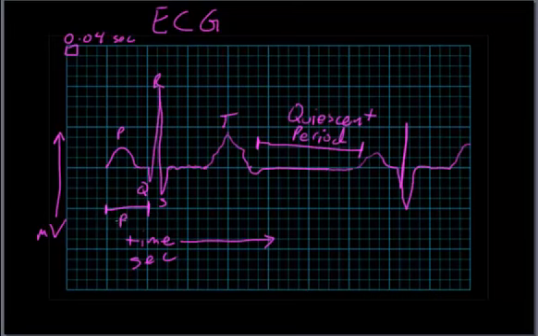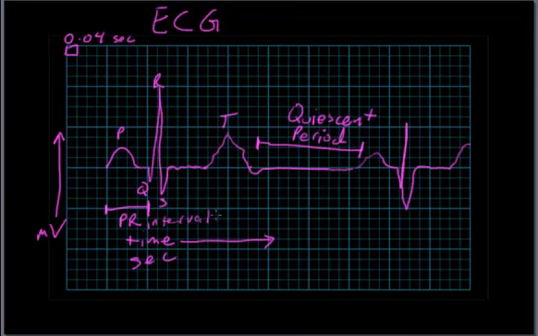It's called the PR interval because the R wave is the predominant wave of the QRS complex, and it's always going to be there. The Q wave may or may not be present given the individual that you're examining and the lead configuration you're using. So even though it's called the PR interval, it actually ends at the beginning of Q if Q is present. If not, it would be at the beginning of the R wave. Okay, so this is the PR interval.